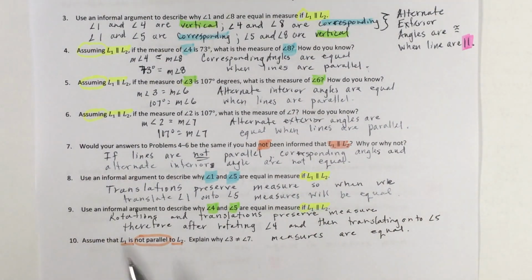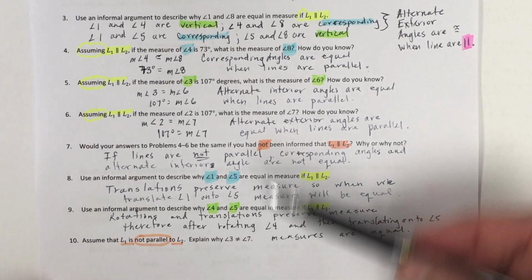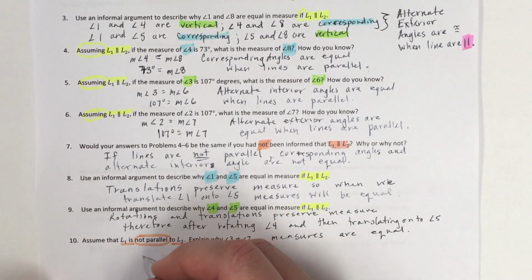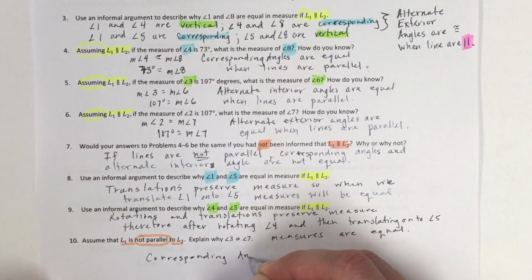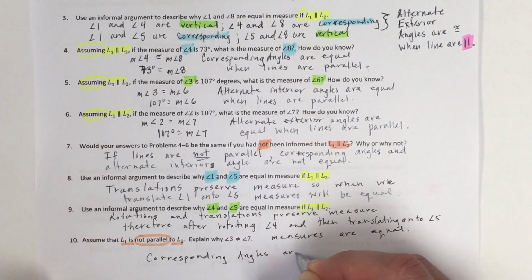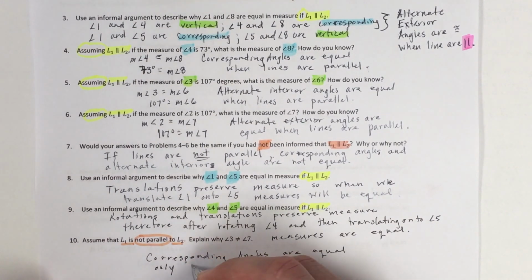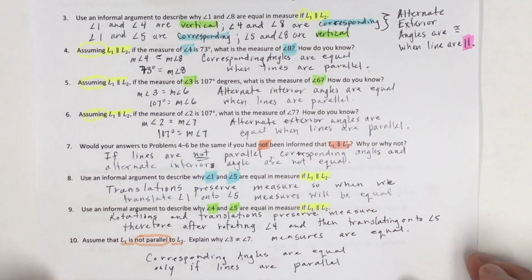Finally, we assume that lines 1 and 2 are not parallel. Explain why angle 3 and angle 7 are not equal. So corresponding angles are equal only if lines are parallel.